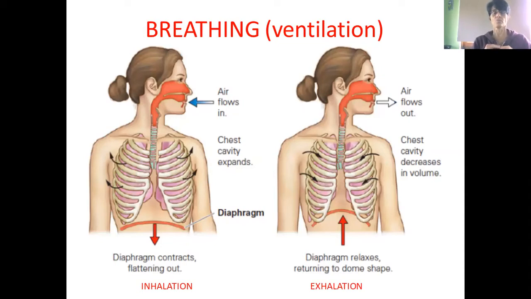And then when you breathe in, the rib cage is pulled outward by muscle action, and the dome-shaped diaphragm contracts and flattens, and that creates more volume in your chest for the lungs to expand. And you need less volume in your chest cavity to push the air out of the lungs.